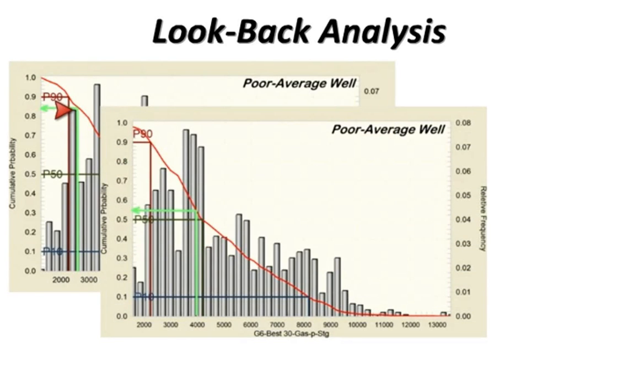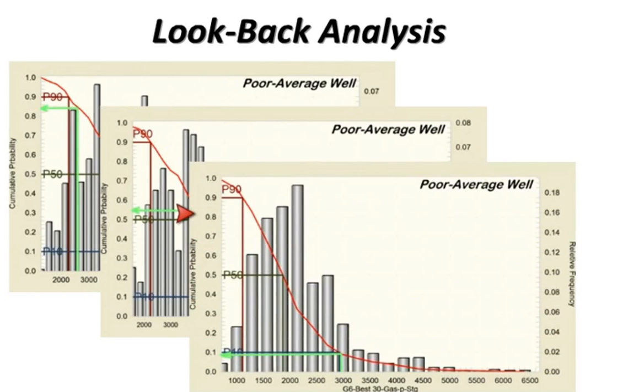This one, on the other hand, is fracked as expected because the actual value of productivity is about the P50 that it could get, and in this one actually you get almost a P10. That's a very good frac job. So these are actual wells and examples of how they performed.